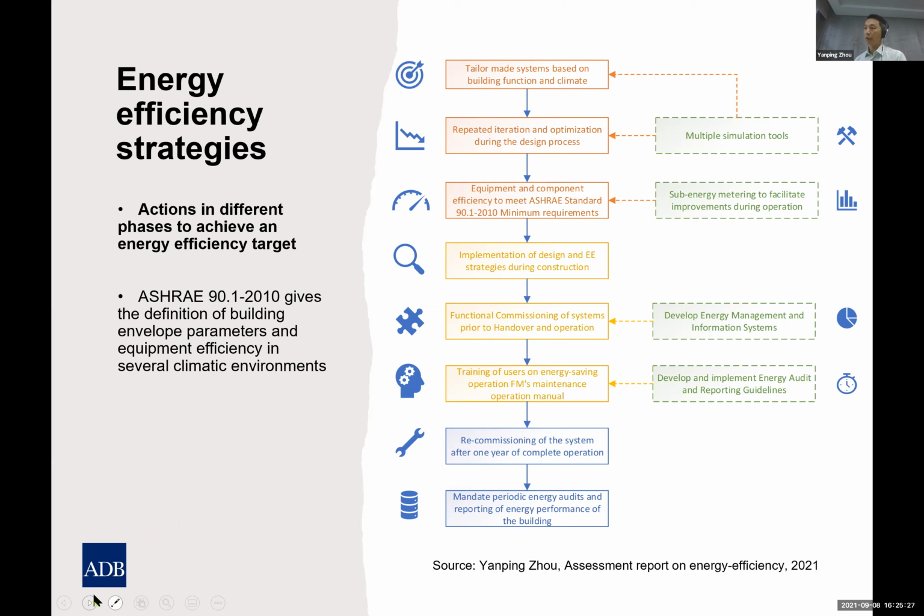We use this tool thanks to the modernized technologies, which can help us a lot later. And in the functional commissioning process, we always use energy management and information systems.